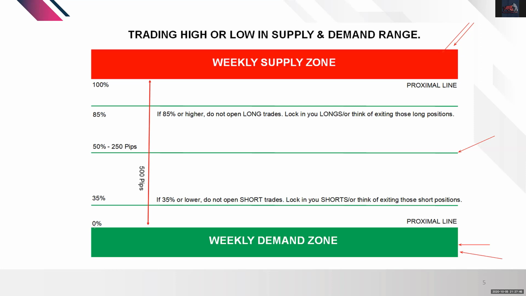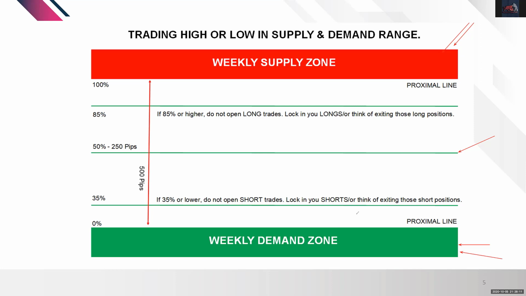Now, the demand zone, 35% and lower. If price is at 35%, that means price is in this range all the way into the demand. If price is in that range, you are looking to be a what? You are looking to be a buyer.